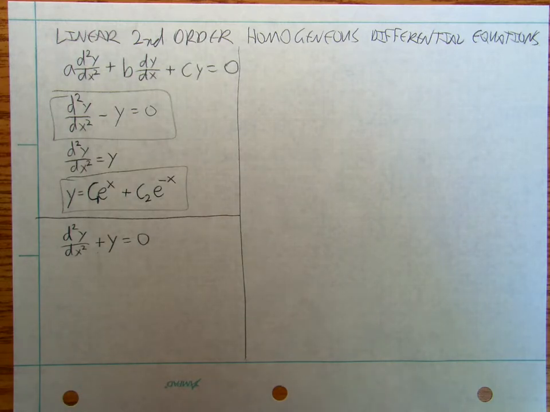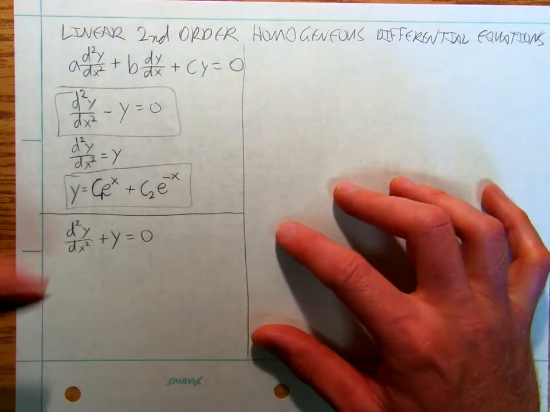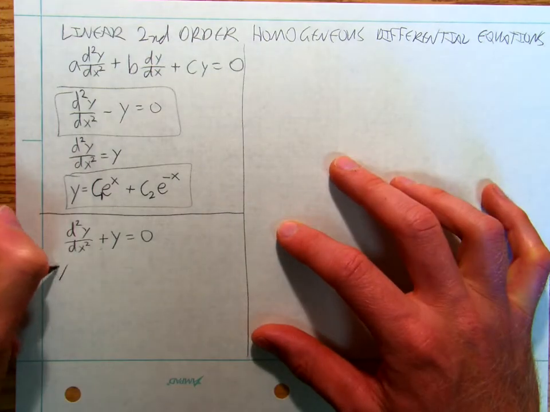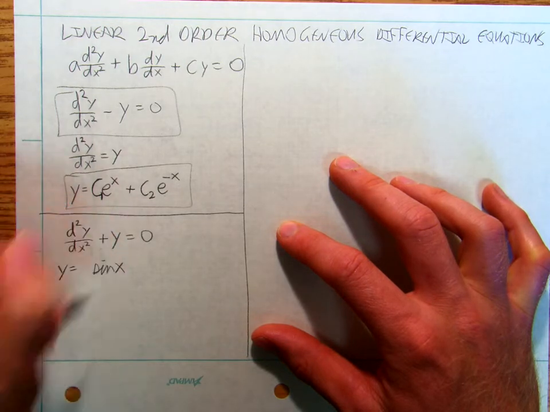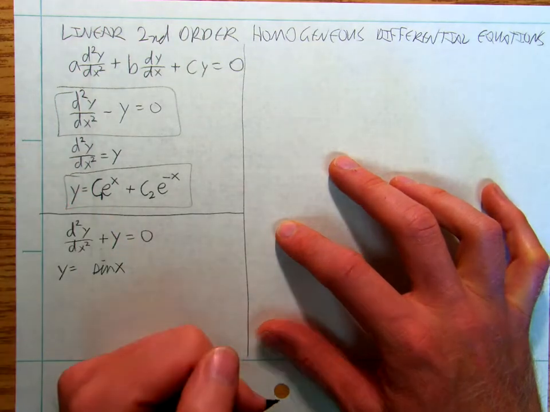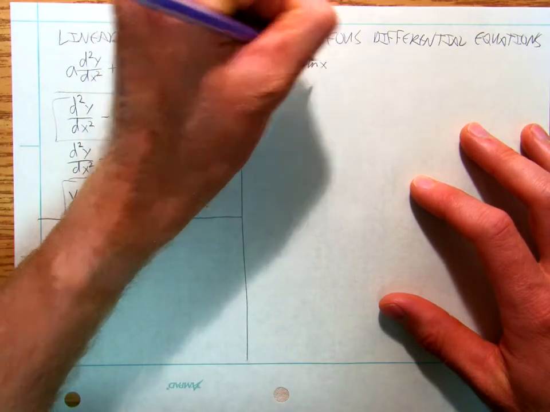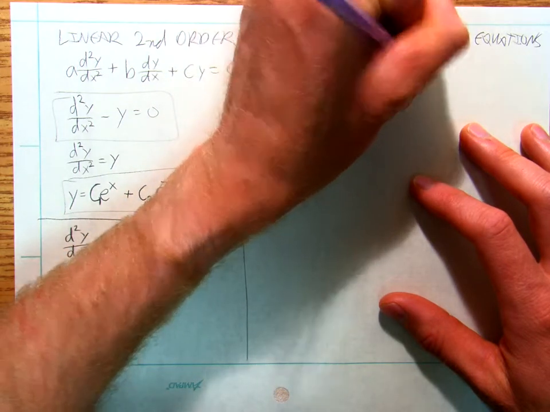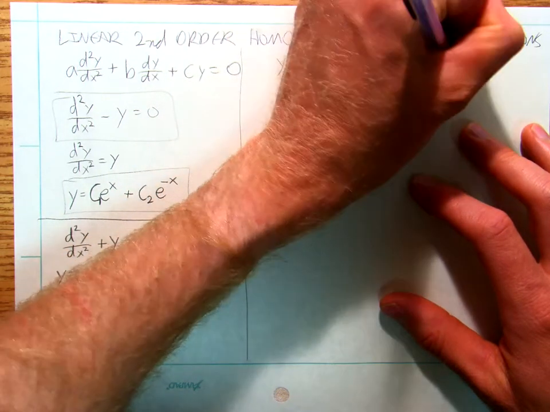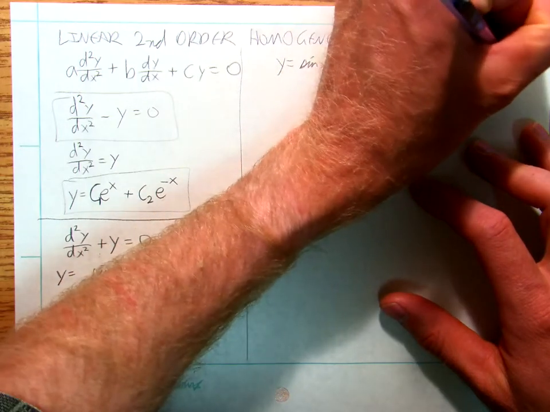Okay? Well, if you thought about it, you might have come up with y equals sine x. Because y equals sine x, y prime is equal to cosine x, and y double prime is equal to negative sine x.